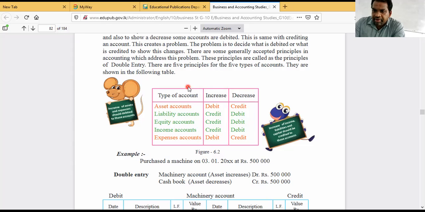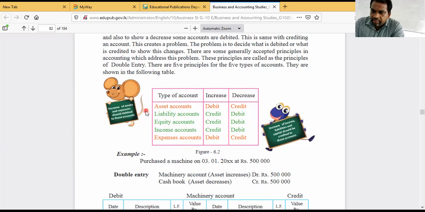Then the other 3 principles are related to liability accounts, equity accounts, and income accounts. When there is an increase in liability, equity, and income, you have to credit to the relevant account. When there is a decrease in liability, equity, and income accounts, you have to debit to the relevant account.